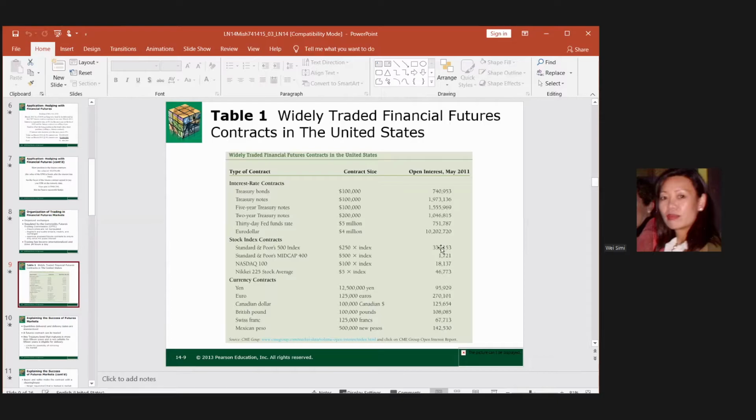Okay, it means the contract is open. Open interest means, for example, how many longs and how many shorts there are on this future.